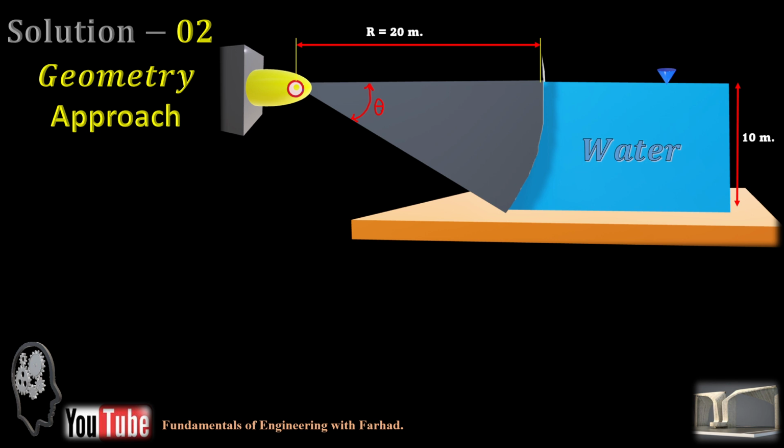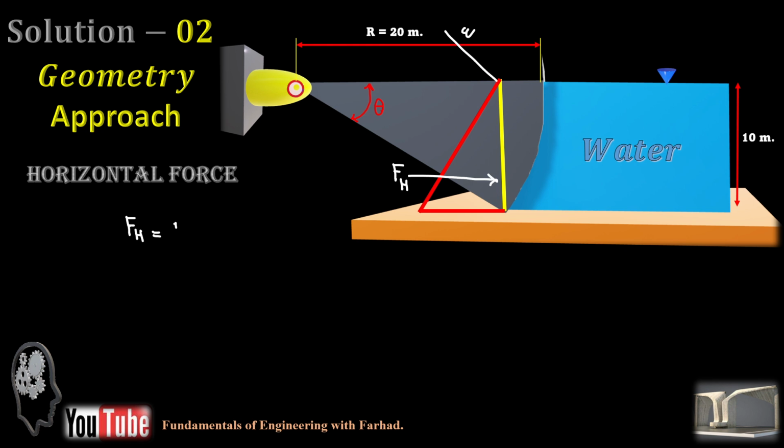So in this solution, first pay attention to the amount of water, the height of this body is applying this much of vertical and horizontal force to the gate. If you calculate this triangle, this is F sub H, which is half of gamma h squared times the width of the gate. So this is how the horizontal force is calculated.